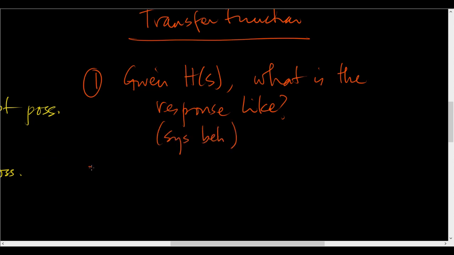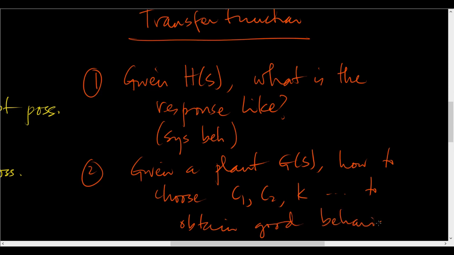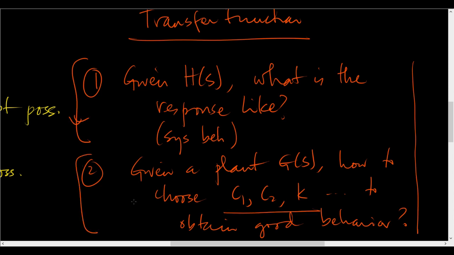And two, given a plant G of s, how to choose C1, C2, K to obtain good behavior? I hope you understand that first we must know this. Once we know this, then we can see the role of these things on that.